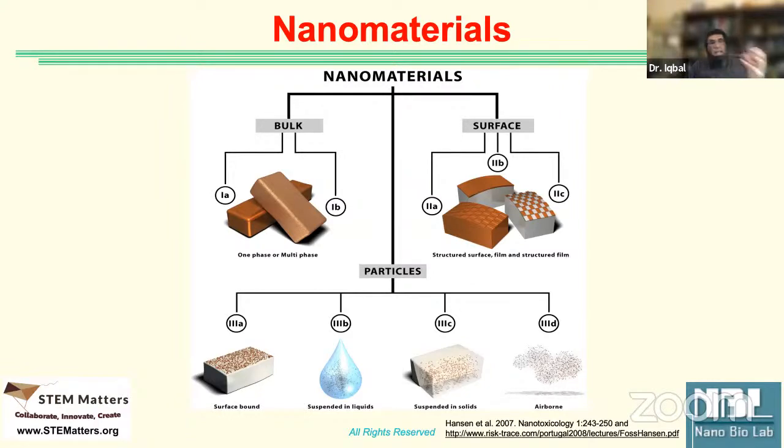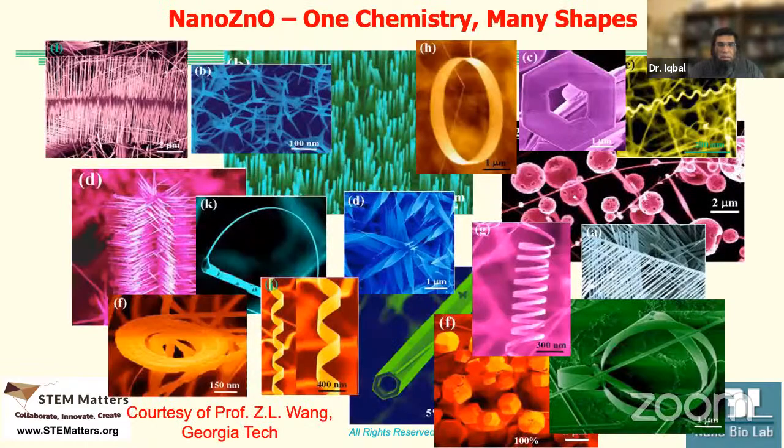We can take one material and adjust its properties to get many different varieties. So this is a fantastic example. Dr. Wang from Georgia Tech works on zinc oxide. I saw this slide a few years ago. Ignore the color; it's just pseudo color. They've taken an SEM or TEM image and just put the color on it. What's interesting is this is all zinc oxide and nanoscale.